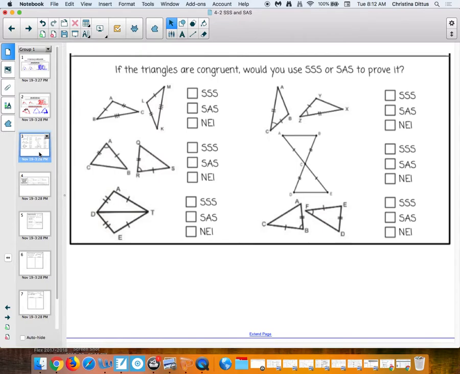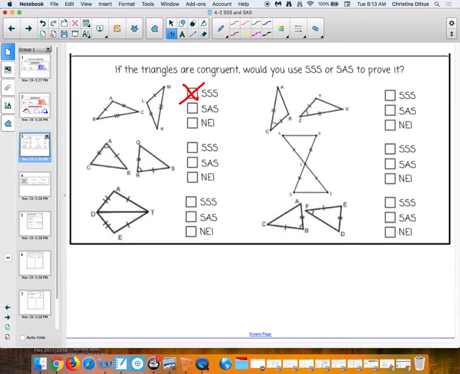Alright, you are going to tell me, can I conclude SSS, SAS, or NEI? NEI stands for not enough info, which is like saying none of these. Okay? So looking at this one, do I have side, side, side? Or SAS? Or none? I have no angles marked.